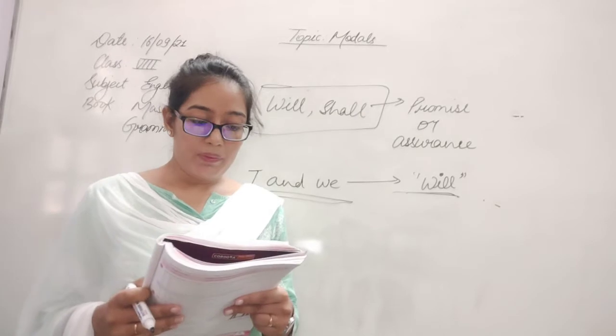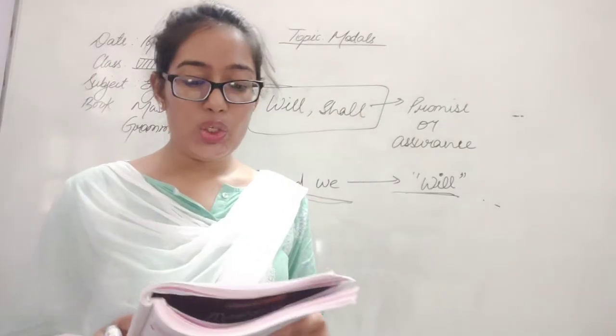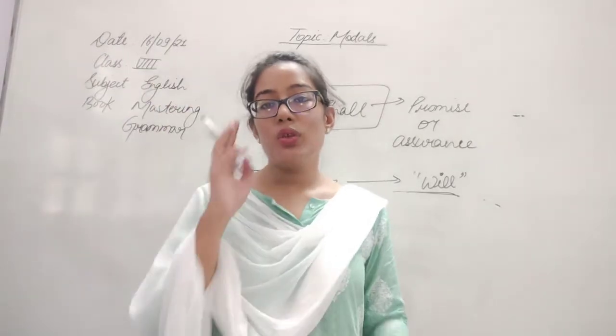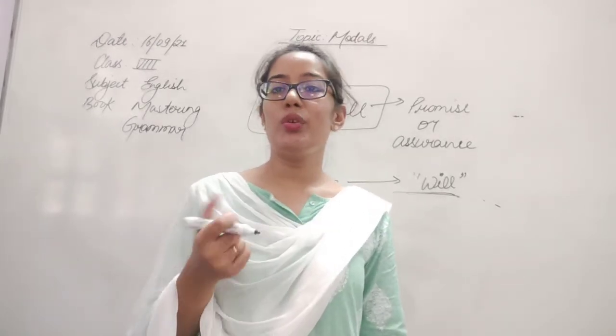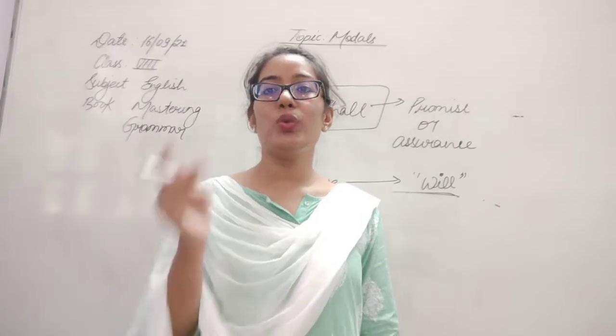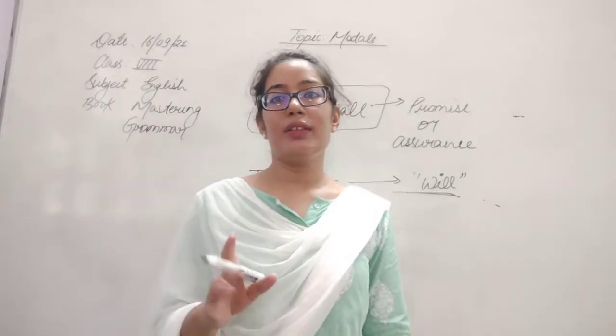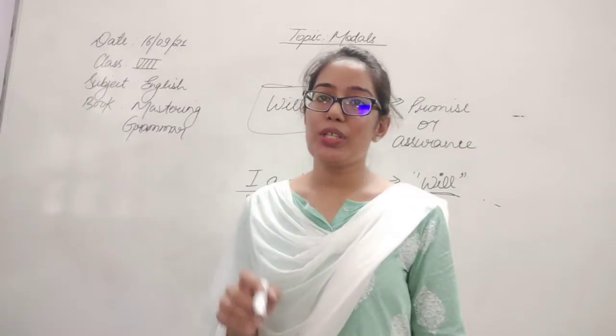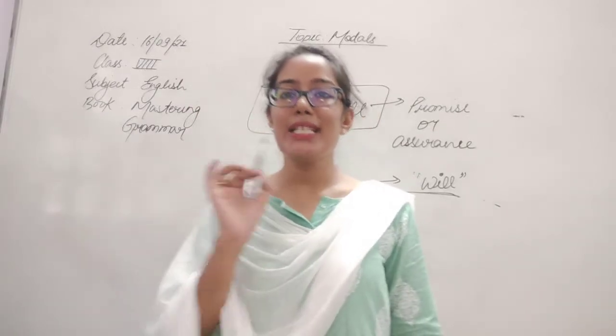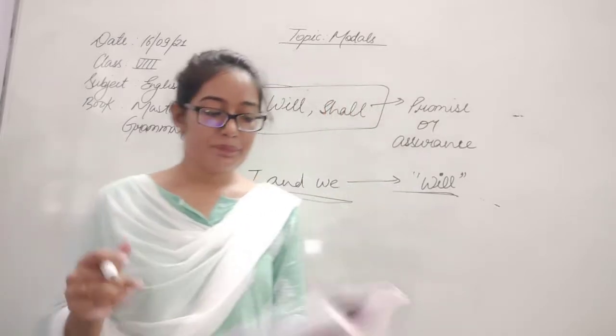For example, we will join you for the dinner. So it's a promise that we will join you for the dinner. With will we use I and we. Okay, either I or we can be used when we are making a sentence using will.